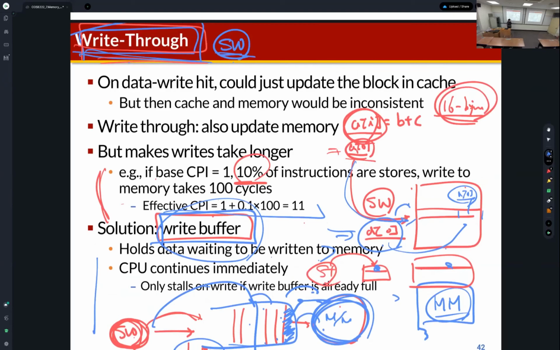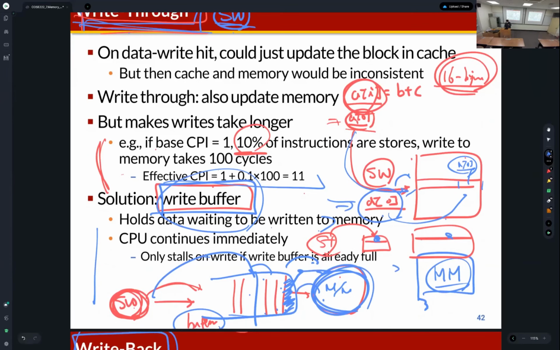But I mentioned that the write through policy has a disadvantage. When the store instruction is executed, the data in the memory will also be updated. I said that the memory is slow, and that's why we use cache.